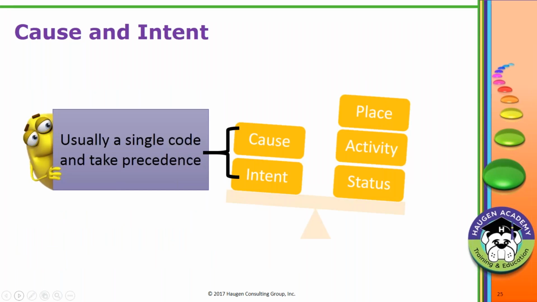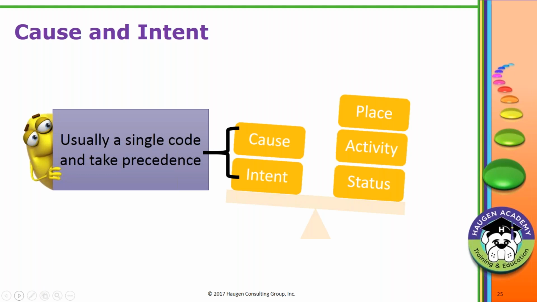So as we just mentioned, that cause and that intent kind of took precedence, and here's a slide that shows that as well. Often that cause and that intent is referenced by a single code, but then we have the place of the occurrence, the activity, and then the status of the patient, and those are separate codes.